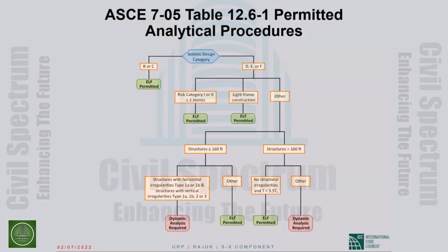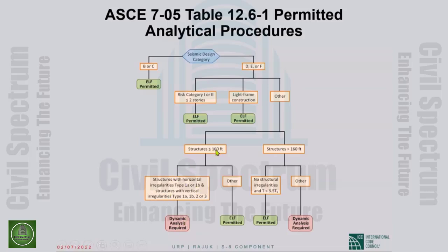Horizontal type 1A and 1B, torsional and extreme torsional. Structures with the vertical 1A, 1B, that is soft story and extreme soft story. 2 and 3, I don't remember without checking. Anyway, a structure no taller than 160 feet, if it has any of those bad irregularities, you shall do dynamic analysis.